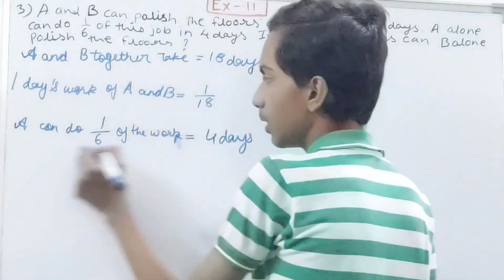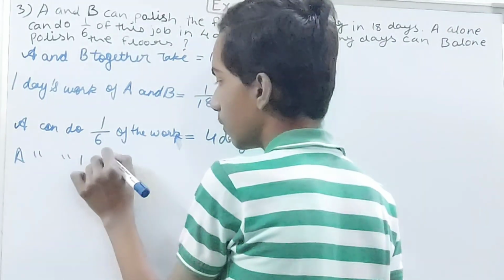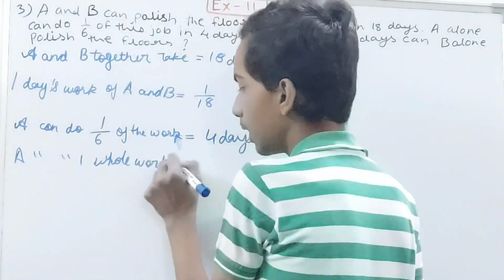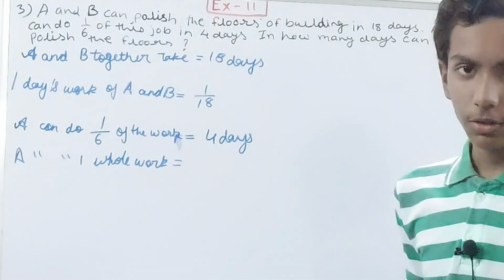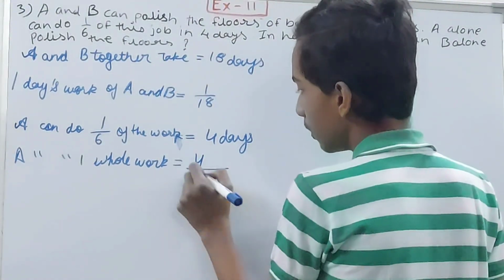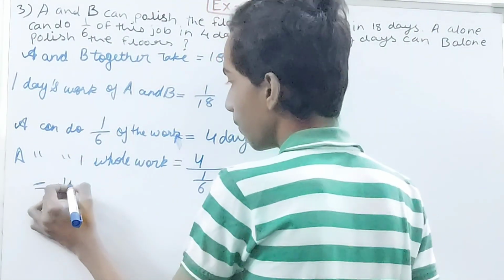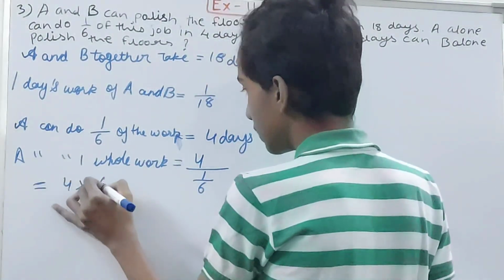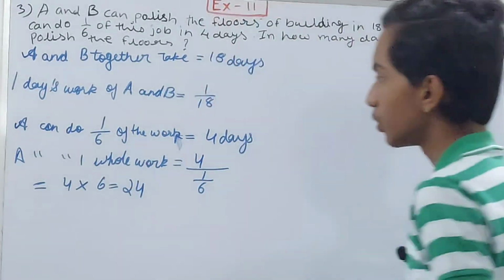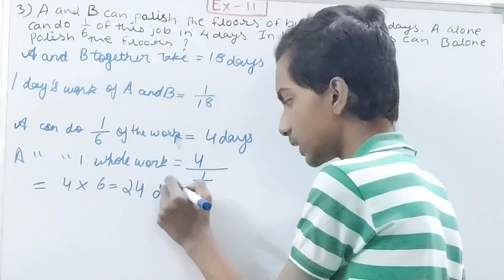So A can do one whole work, that means A can completely polish the floors in how many days? 4 upon 1 upon 6. So this is going to be 4 into 6, that is 24. So he can do this in 24 days.